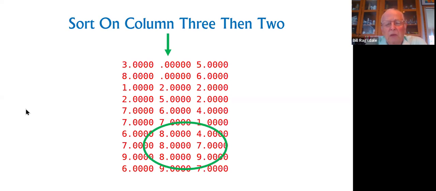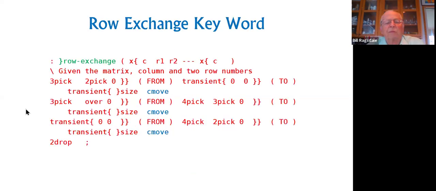But notice in the green circle, the subvalues of the second row for 8 are maintained in their original sorted order as 4, 7, and 9. So we see this nice extra capability of maintaining those sub rows in sorted order.